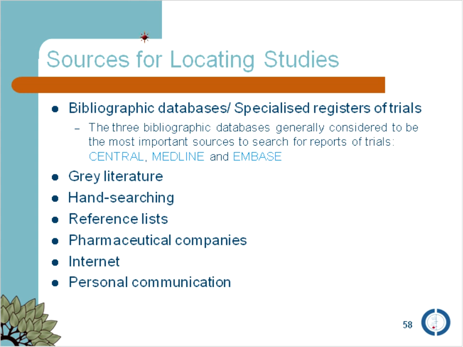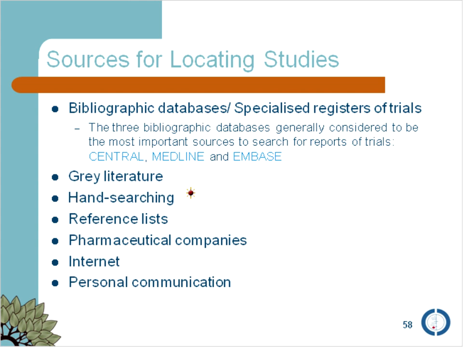Okay, so a lot of people indicated that a lot of those electronic bibliographic databases would be a source that they would search. Certainly Central, Medline, and Embase are sort of the primary ones a lot of people would search. And you can talk to your trial search coordinator about other databases that may be relevant to your area, and that's worth searching.